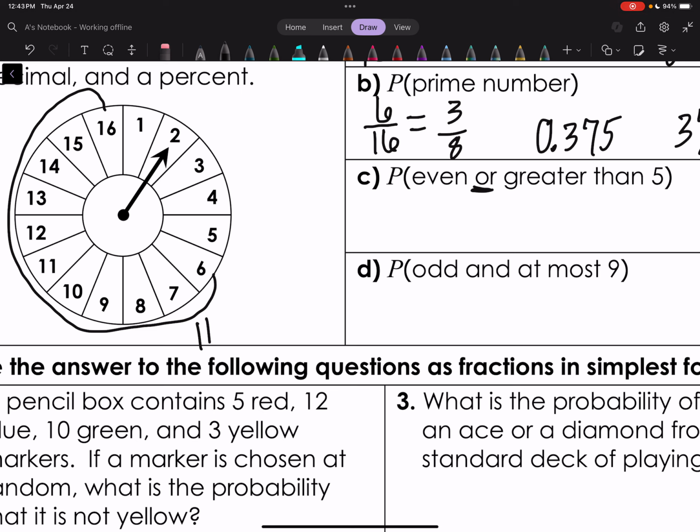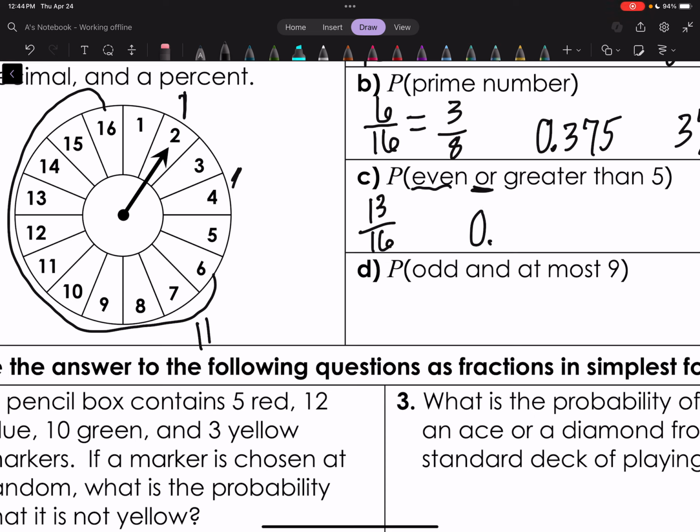And then it says even. I am not counting the even numbers after 5 because of that or. I already have all those included, so I don't worry about them. So I'm going to have 2 and I'm going to have 4, so another 2. This is 13 numbers out of my 16.